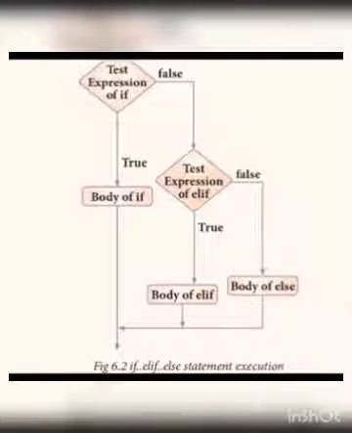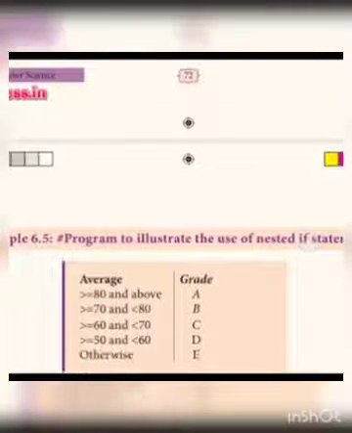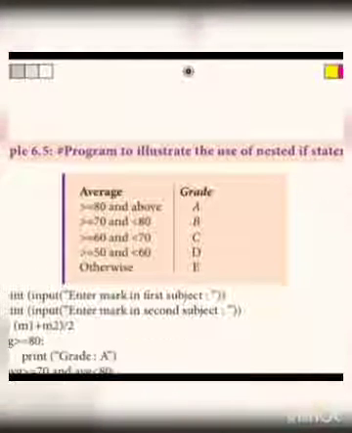Here a third condition is not given, just the else part, that is the body of else. It's a simple structure. In our program we used many elif, but in the flow chart they have used only one elif.